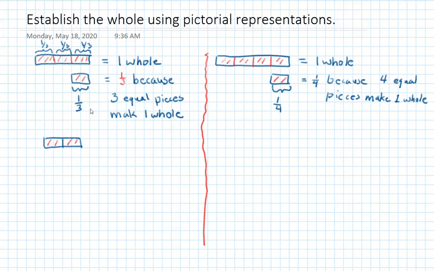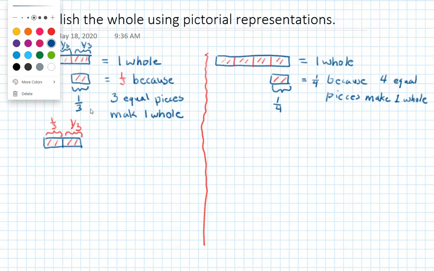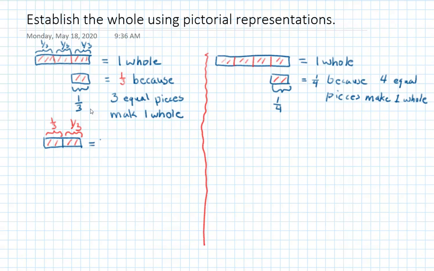So here's one and here's another. So I'm going to call this 1/3. Again, that's only in relation to this whole. And I'll call this one 1/3. Again, only in relation to this whole. And so if that's the case, as long as we're talking about this whole, then the value of this is 2/3.